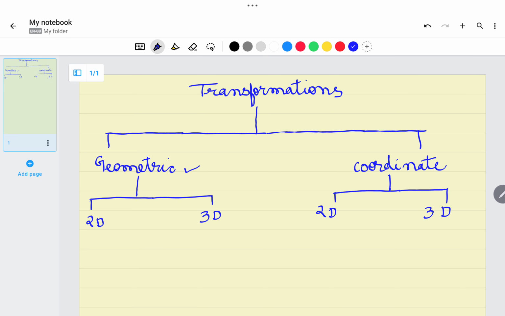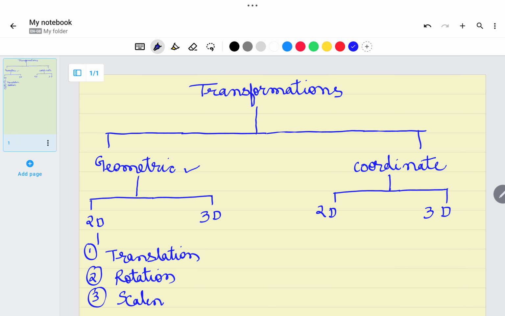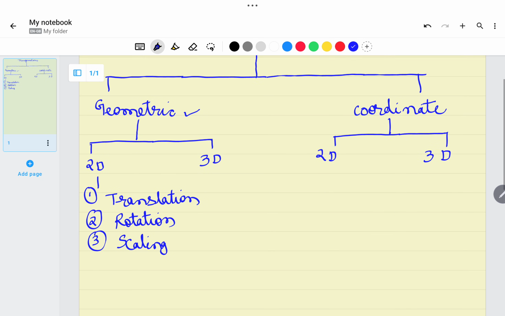There are various types of geometric transformations, 2D as well as 3D. Broadly, we are going to learn about four types: translation, rotation, scaling, and mirror reflection.